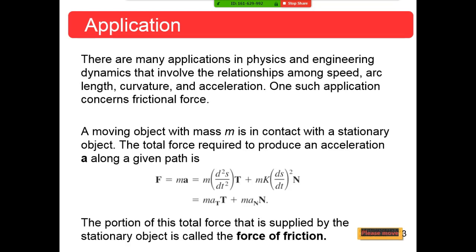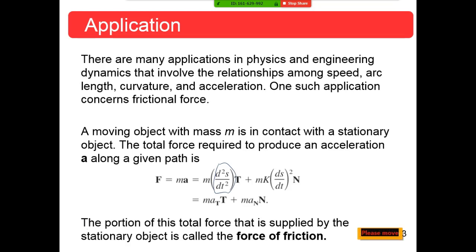Well, from what we just did, that would be mass times your tangential component of your acceleration times your unit tangent vector, plus m times your curvature times ds dt squared. That's your coefficient of your normal component of the unit normal vector is what I'm trying to say.